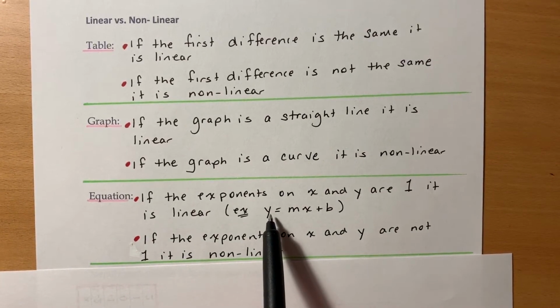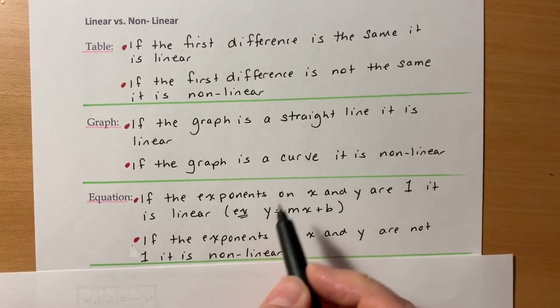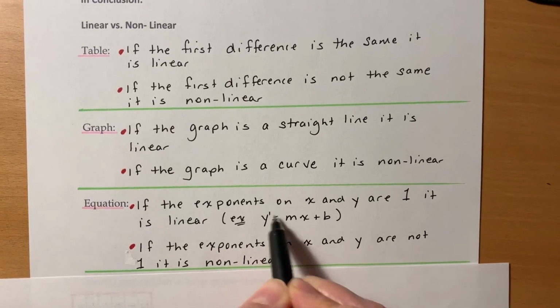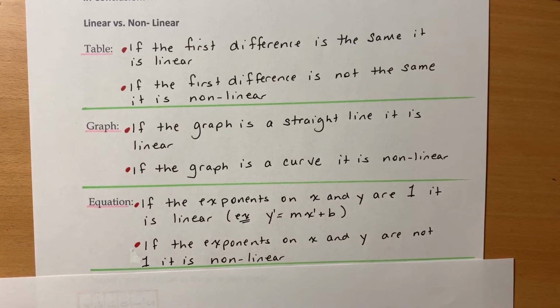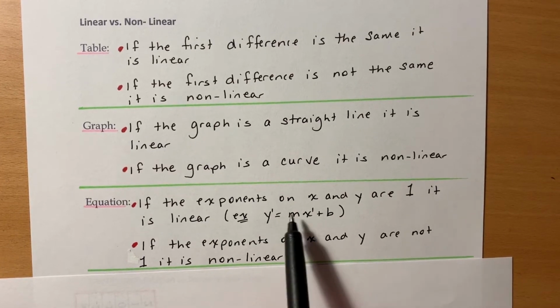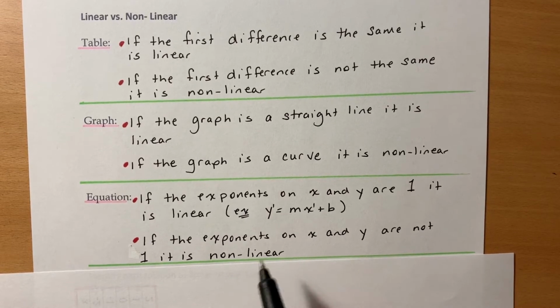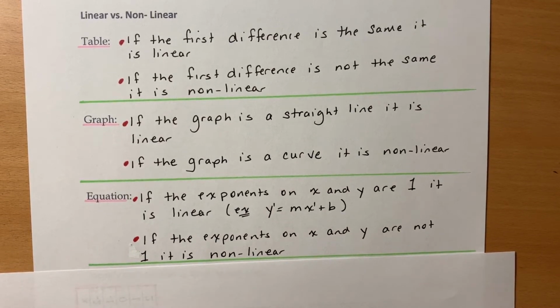There's an exponent on this y and on this x, we just never write it. It's understood to have a 1 here and a 1 here. So if the exponent is 1 on both variables, I know it's linear. If it's not, then I know it's nonlinear.